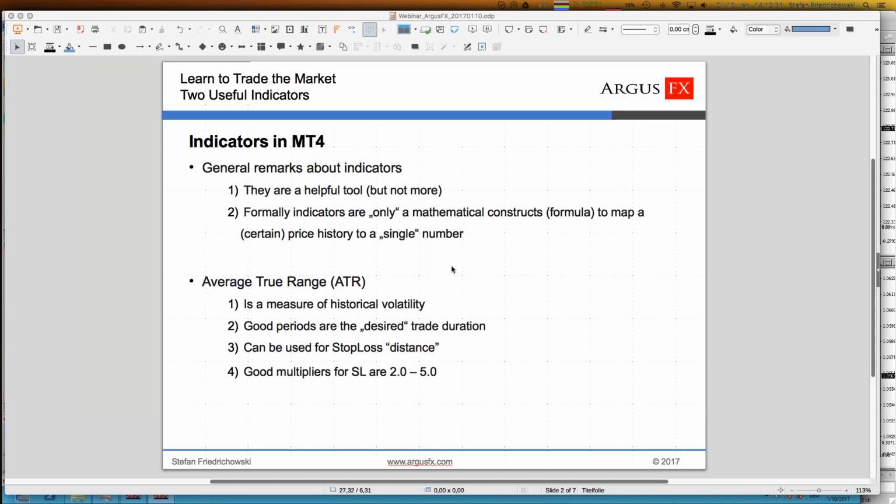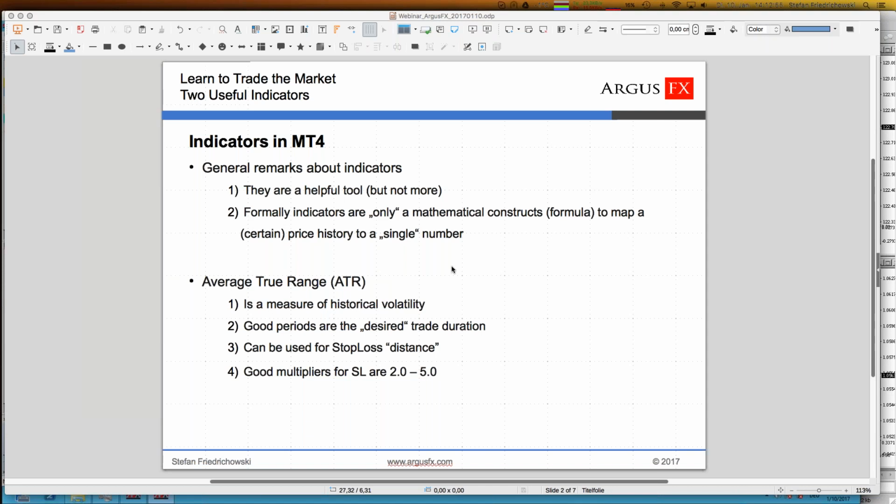So we can relate the volatility of a market to our potential stop losses of a trade. The higher the volatility, the more distance the stop loss should have to the entry of our trade.